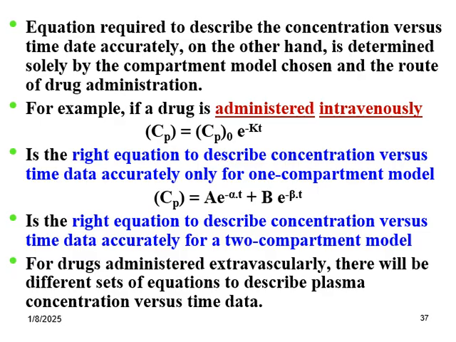If the right equation is for a two compartment model, you use a different equation. For drugs administered extravascularly, there will be different sets of equations to describe plasma concentration versus time data.